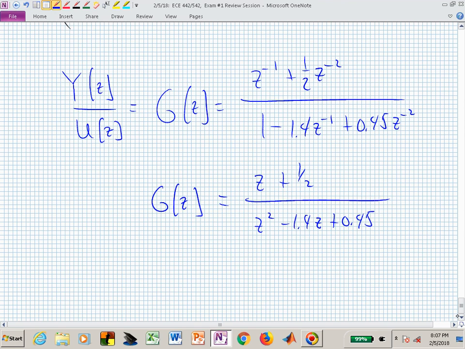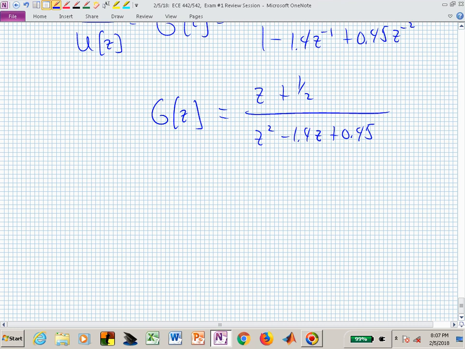And how would you check stability of this system? You look at the poles. And the poles are downstairs. Those are the values of z that cause the denominator to vanish. Those are the poles. The zeros would be upstairs, the values of z that cause the numerator to vanish.